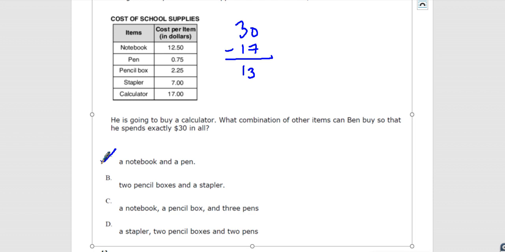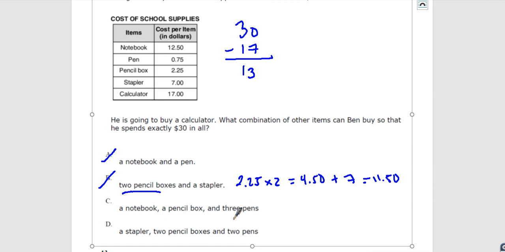We'll get rid of that. 2 pencil boxes and a stapler. So $2.25, 2 pencil boxes. So 225 times 2 will be 450. And a stapler. So the stapler is $7, so plus 7, that's $11.50. That doesn't work.